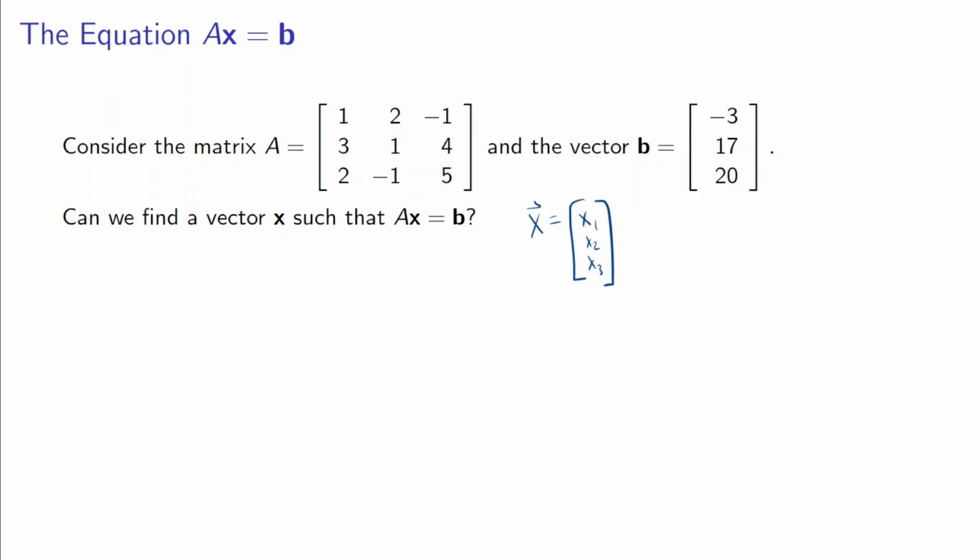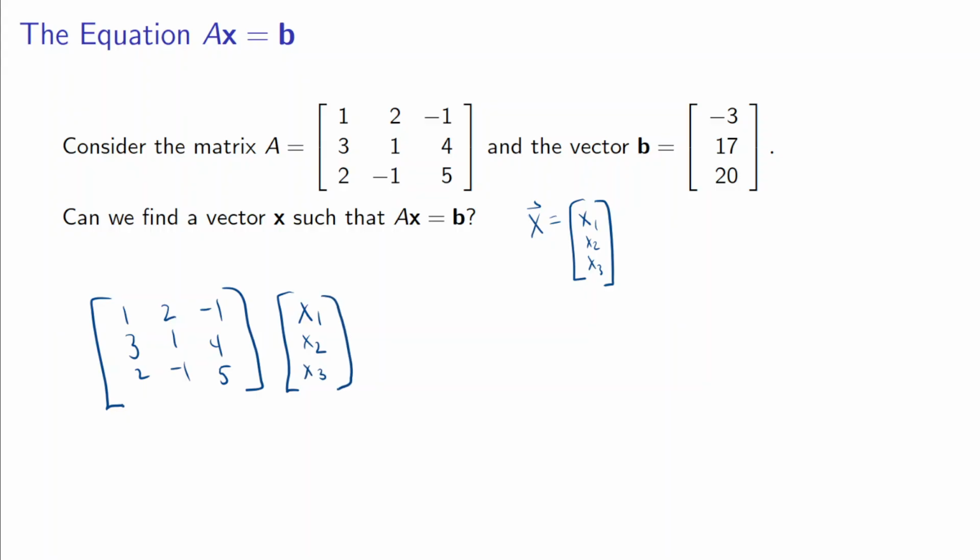and multiplying A times X, let's just go through this. So there's A. If we wanted to multiply this by X, x1, x2, x3, then we defined this in a previous video.